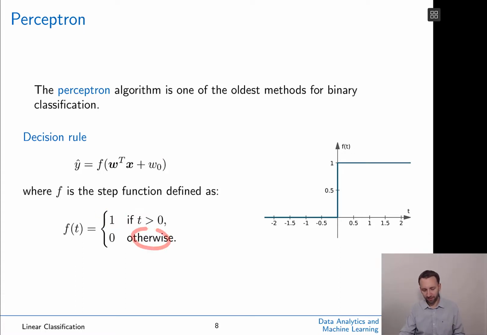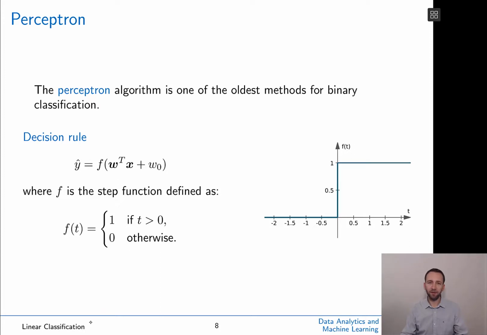On the other side of the hyperplane, it's class 0. Okay? So this is our simple perceptron decision rule. It's exactly what I just explained to you from before with this hyperplane. We are plugging in this linear term and we are applying the step function, which is just making this decision between class 0 or class 1. Okay.